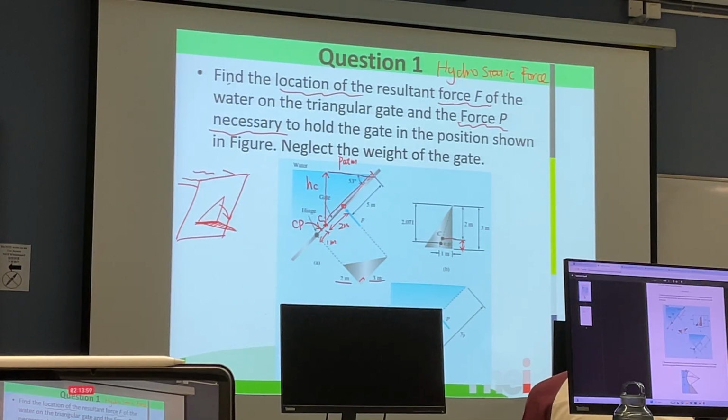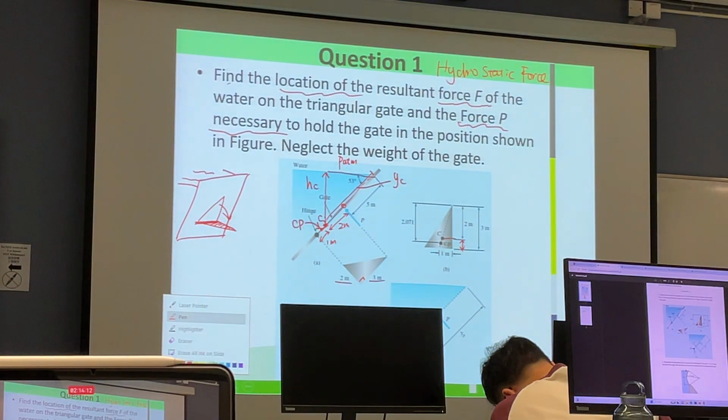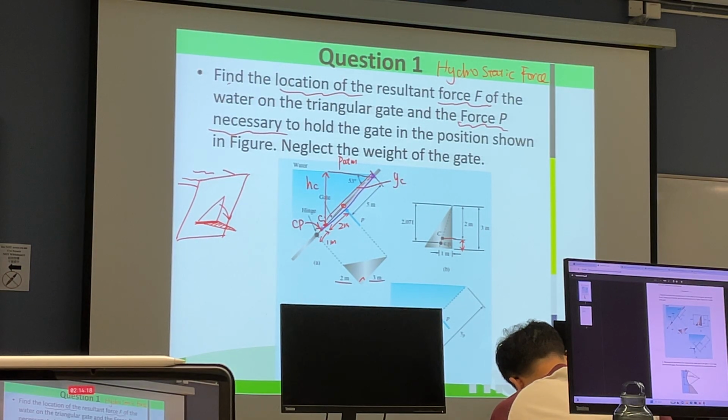From the centroid to the water surface, this is YC, and from the center of pressure to the water surface, this is, maybe I use a different color to make you see it clearer, purple. This is YP, or YCP.